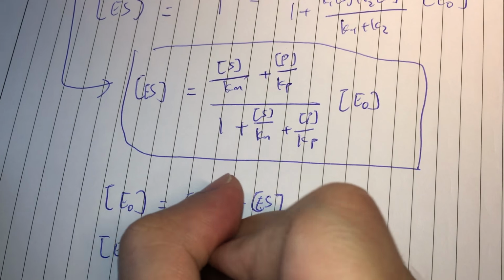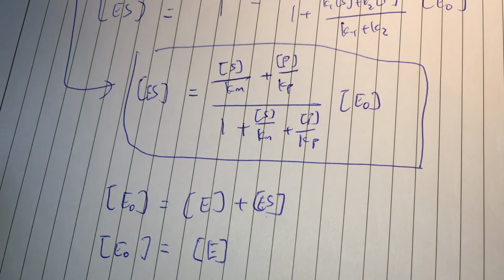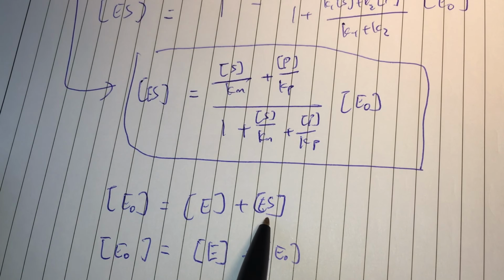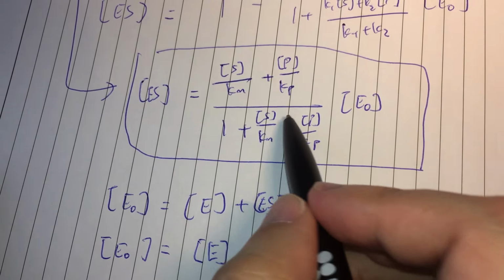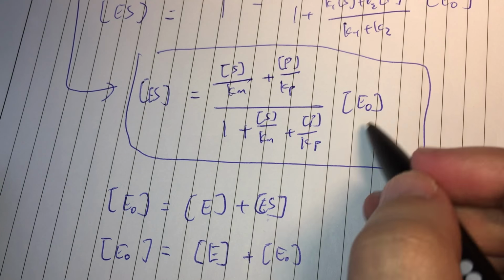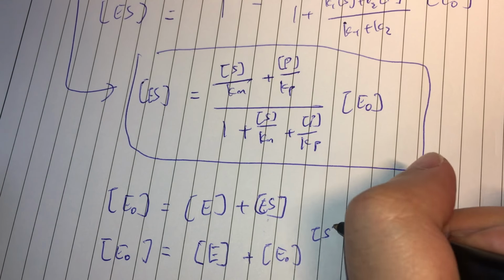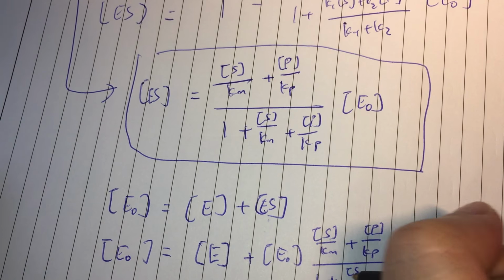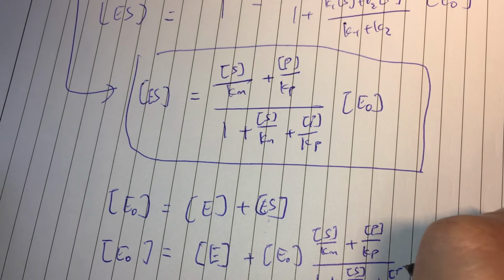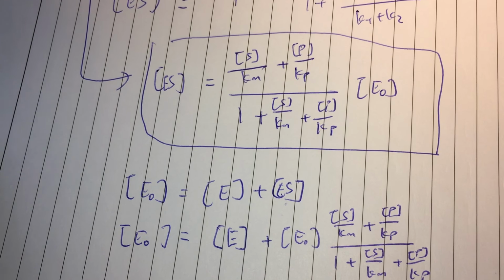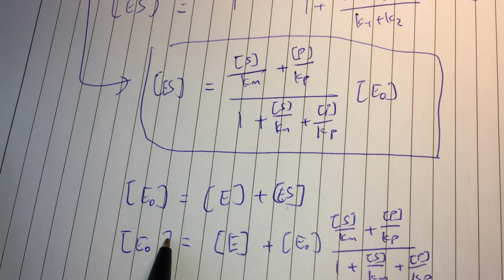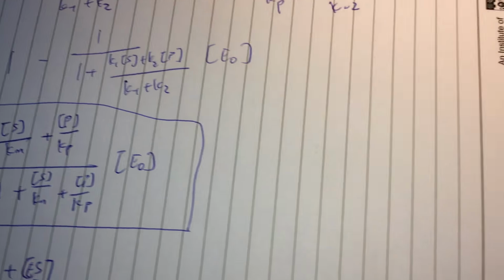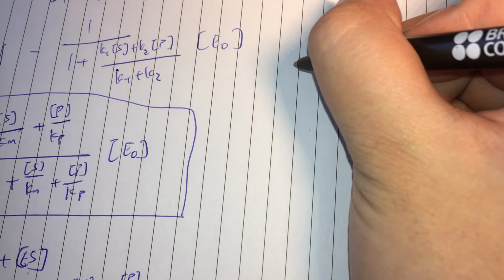So we have E naught equals the concentration of free enzyme E plus the concentration of enzyme substrate complex. So that is substituted from here. So that is E naught into all this: S over Km plus P over Kp over 1 plus S over Km plus P over Kp. Okay, so again, I'm going to shift this to the left, and we should get our expression for E. So I'm going to use the blank space here.